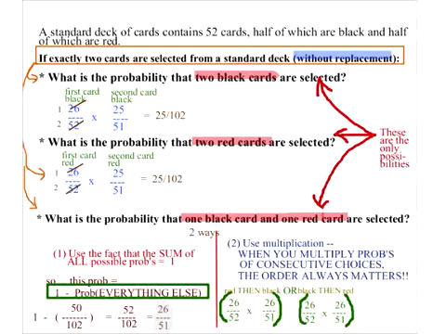So if you reduce these fractions, you wind up with 26 over 102 plus 26 over 102, which is 52 over 102, which is 26 over 51, which is what we want. So same answer we get either way. The important takeaway is that when you use multiplication on probabilities, you have to take into account the different orders in which stuff can happen.